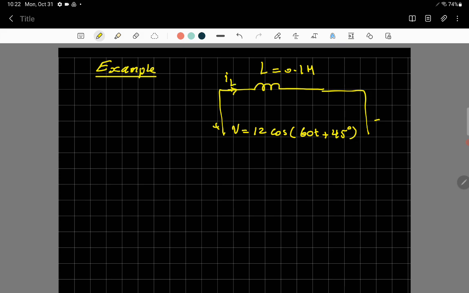It's required to find the current in the inductor. So the question is: determine the current in the inductor. How to solve it?